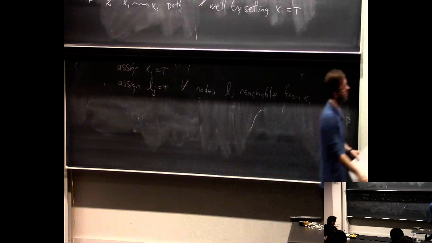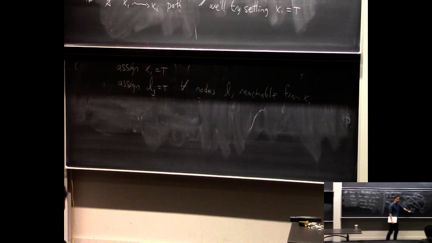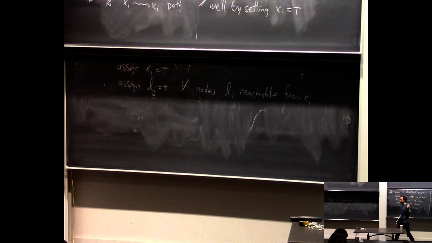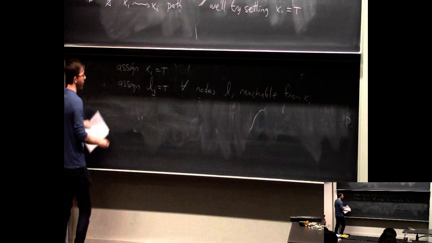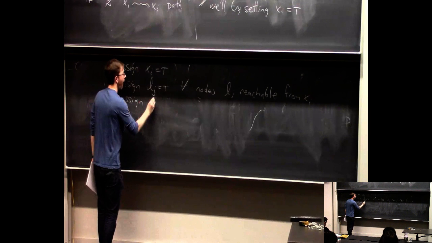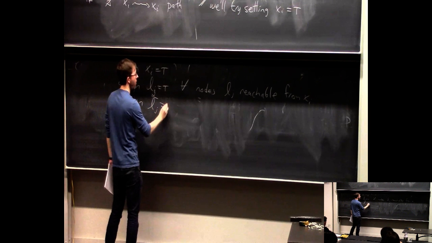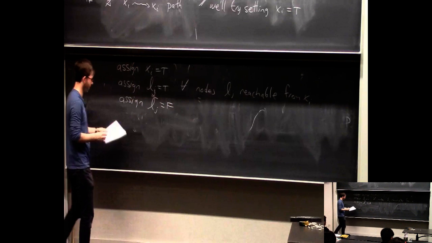For example, if you assigned x1 to be true, you better set x2 to be true as well. I'm not going to prove it now, so let me just write down the algorithm, and we'll do it next time. And also, naturally assign the negation of lj to be false for all these literals.